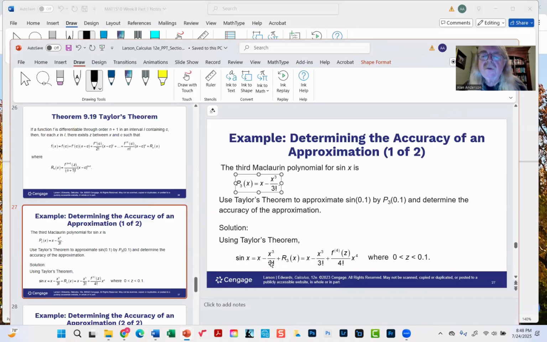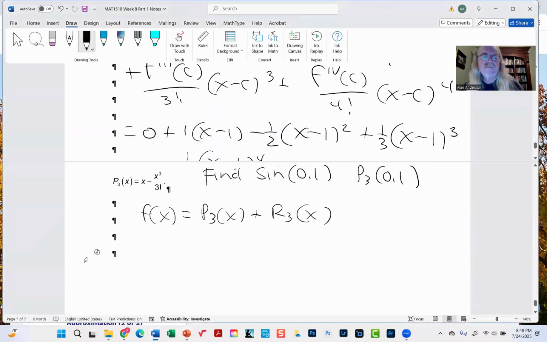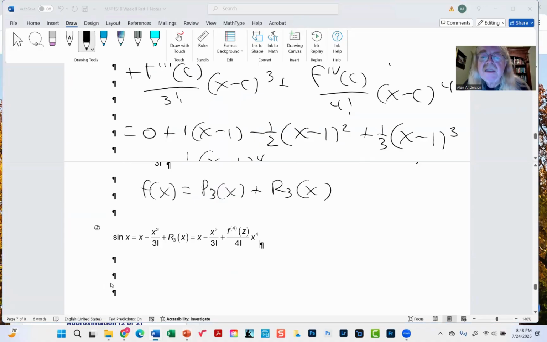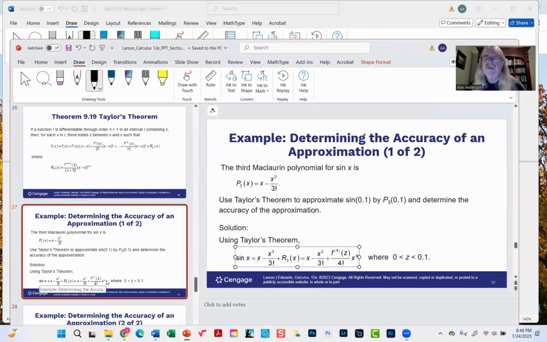So when we approximate with the third order polynomial, the remainder will require the fourth derivative, which you can see here. But the z there is a constant which is bounded between 0, because that's the center of the Maclaurin polynomial, and 0.1 because that's the value that we're using for this function. Okay, so z is some number between 0 and 0.1.